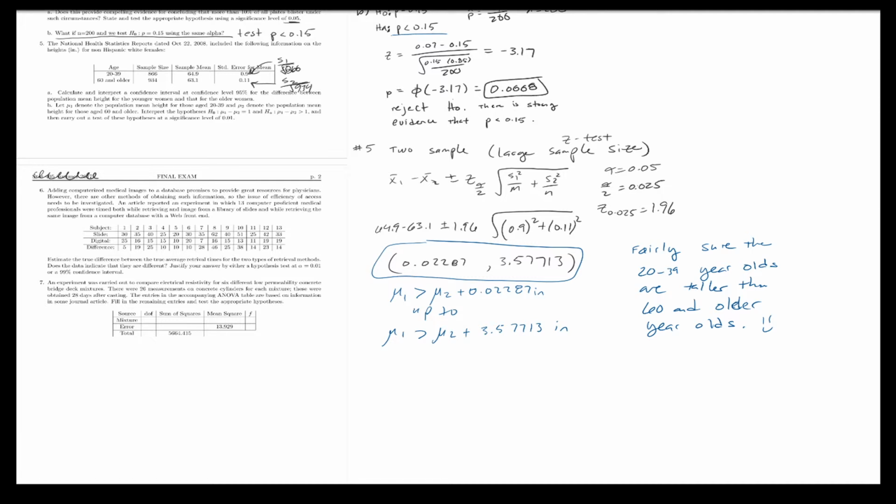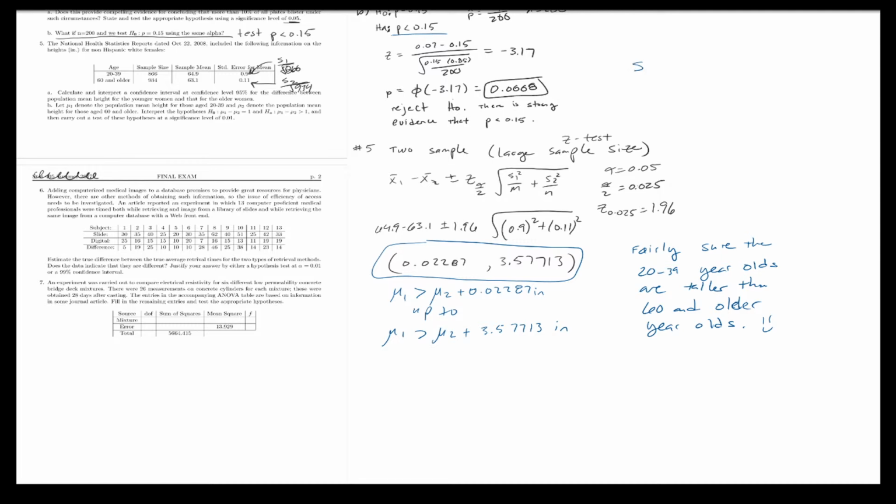So the only thing that was tricky there was knowing what to do with the standard error. The standard error is the standard deviation divided by the square root of the sample size. Well, for the standard error of the difference, we need to take the square root of the sum of the variances, S1 squared over M plus S2 squared over N, which we get by squaring the standard errors.